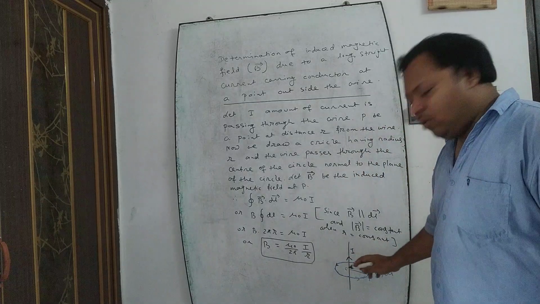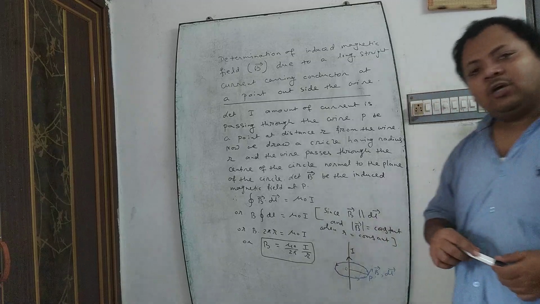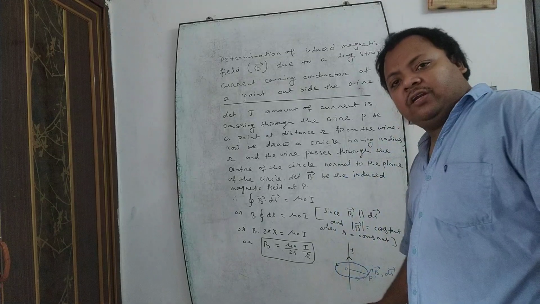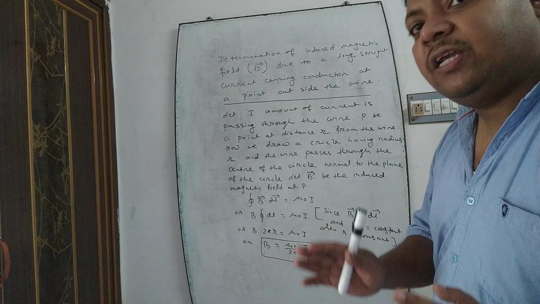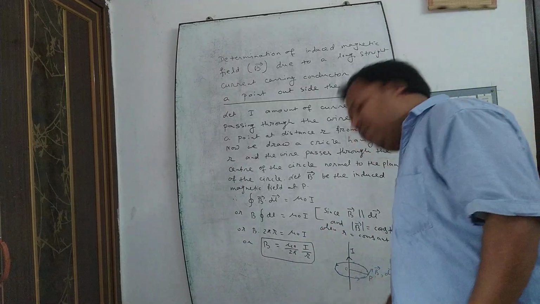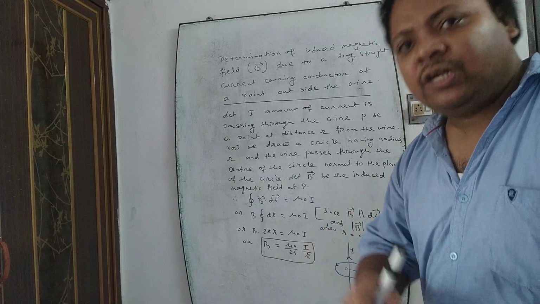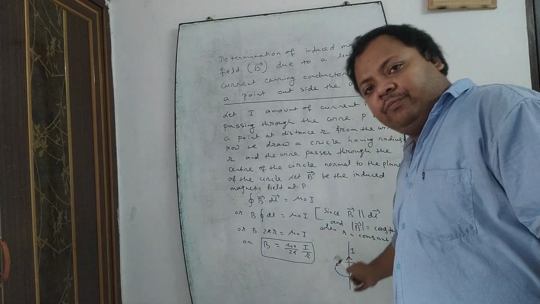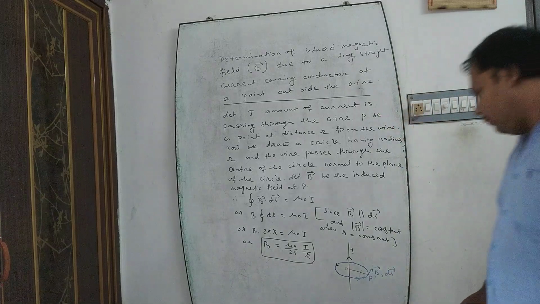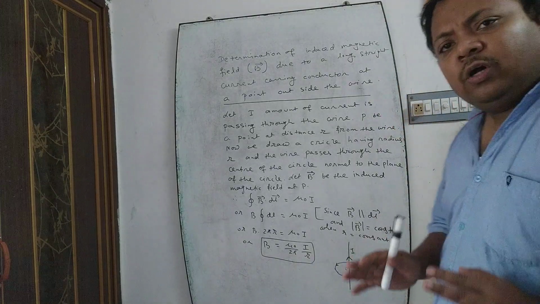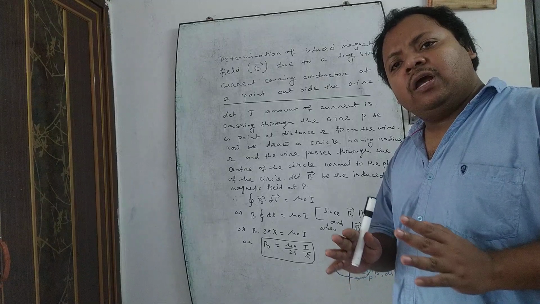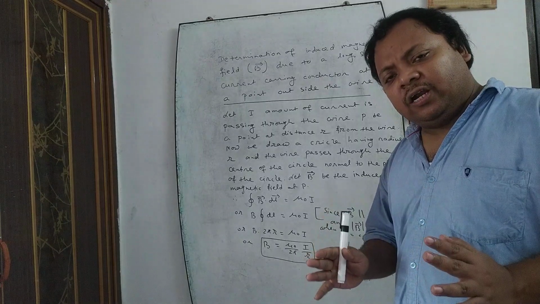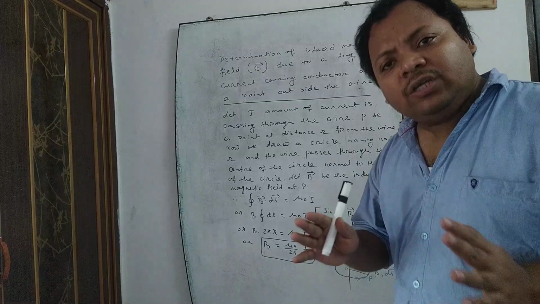P be a point on the circumference of the circle. B, capital B vector, is the induced magnetic field at the point P, which is produced due to the current carrying conductor. Okay, now you already know that the tangent at the point P and B vector are parallel to each other.